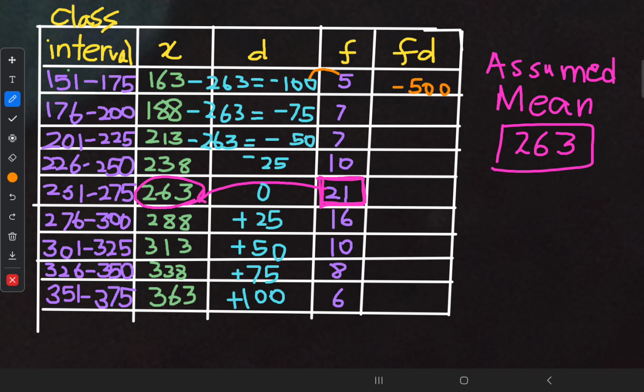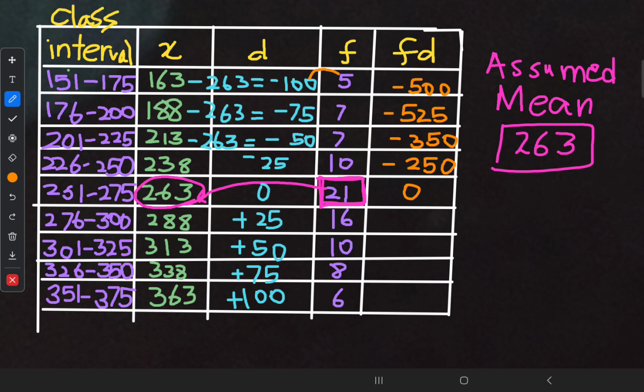Then 7 multiplied by negative 75, that will give you negative 525. You should multiply correctly. Then 7 times negative 50 is negative 350. Then 10 times negative 25, negative 250. 21 times 0 is 0.